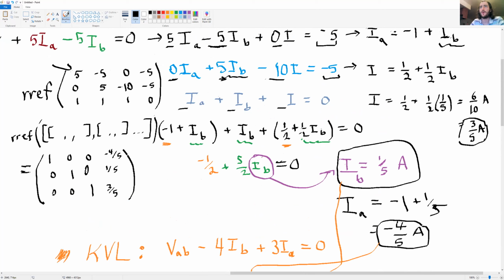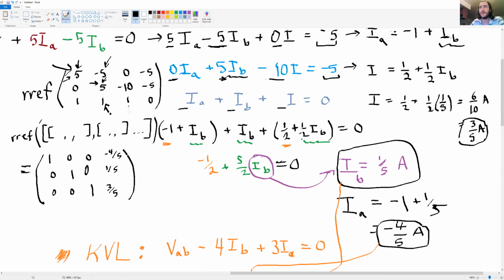Divide this row by 5 so that you have a 1 in this spot right here. Once you have a 1 in this spot, you multiply by some number so that when you add this number to this number here, it gives you a 0. Fortunate for us, there's already a 0 here, so you can follow the algorithm now by making this one a 1. Once you make this one a 1, then you can cancel this one out and cancel this one out.